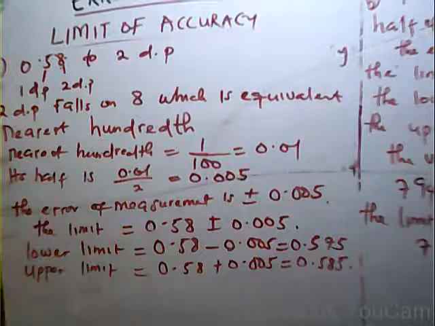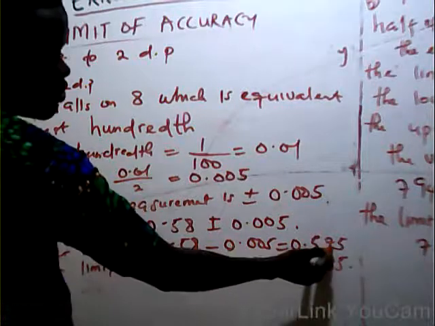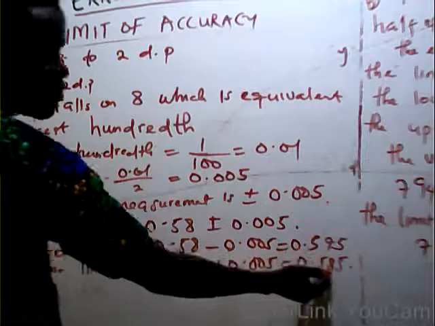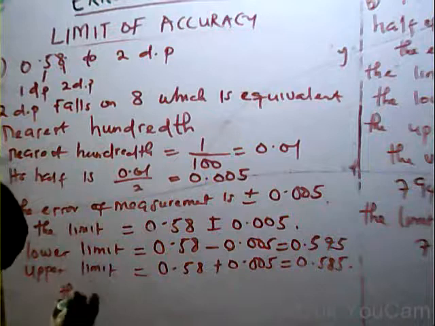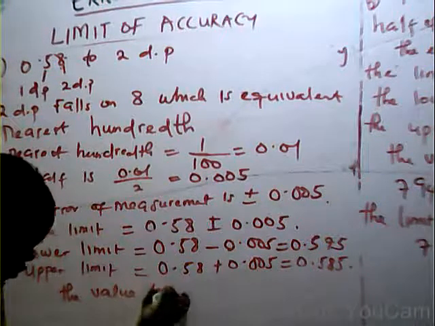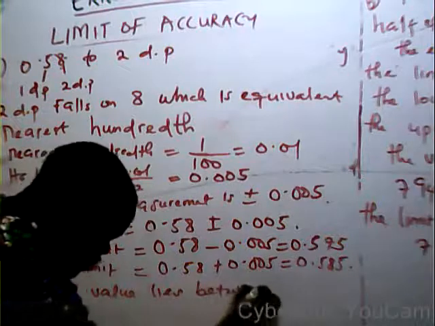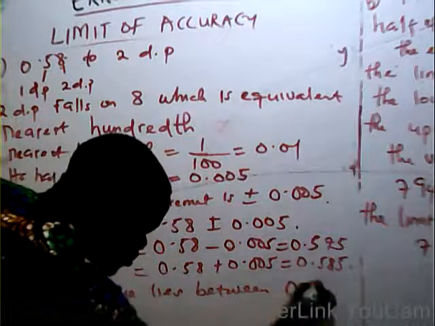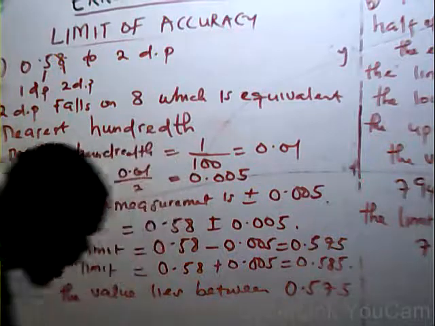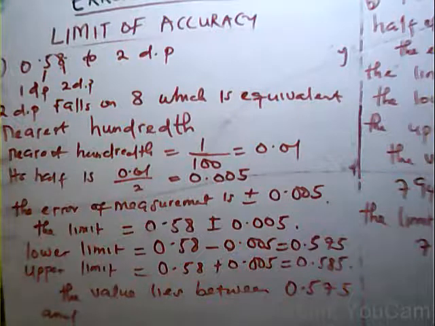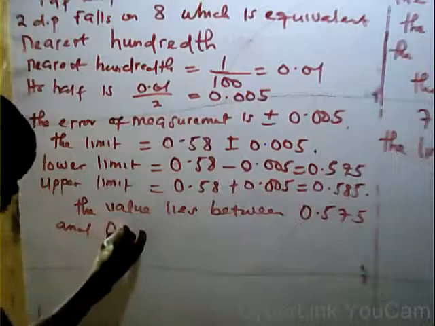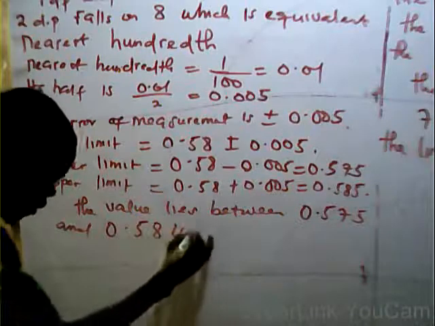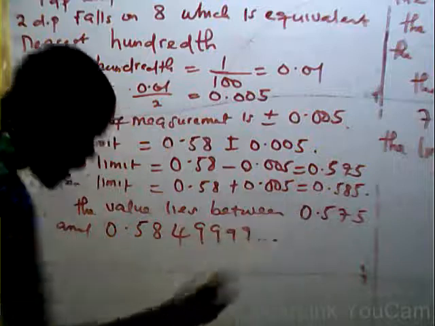So from there now, you see that this one can be approximated to 2 decimal places. The value lies between 0.575 and 0.5849999 and so on, like that.